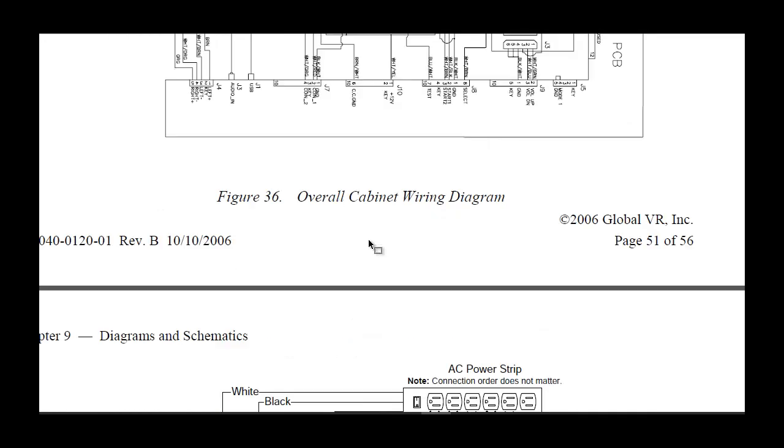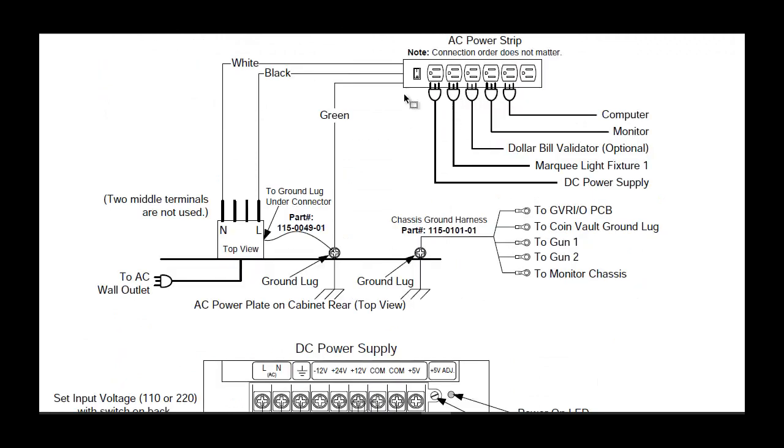After connecting the main board, the gun board and the coin, this is what we need: the power cable for the computer, for the monitor, for the dollar bill acceptor if we are using it.